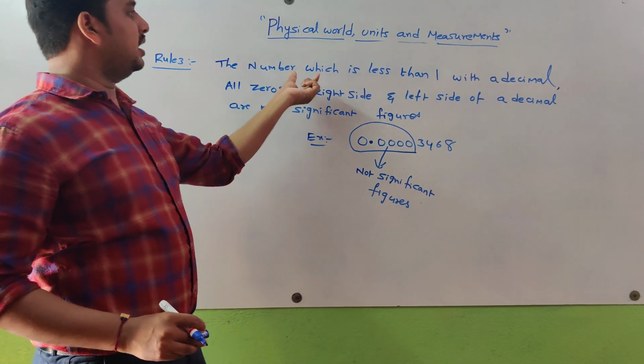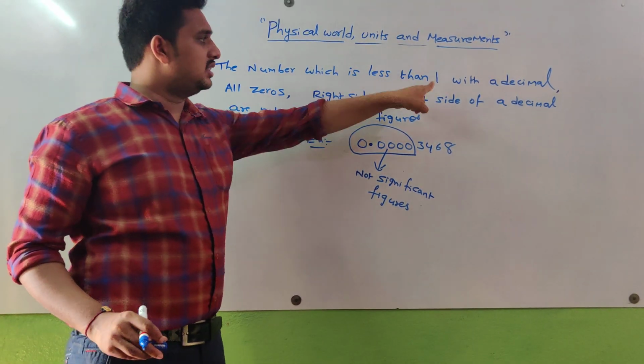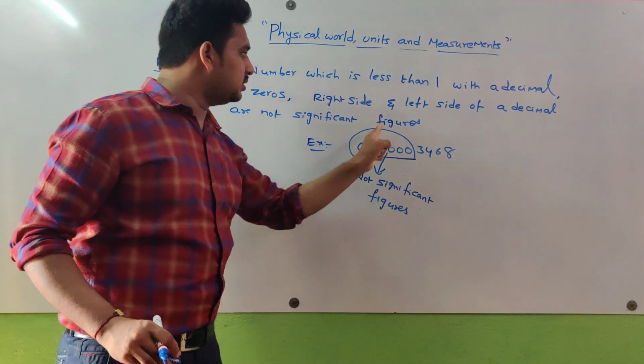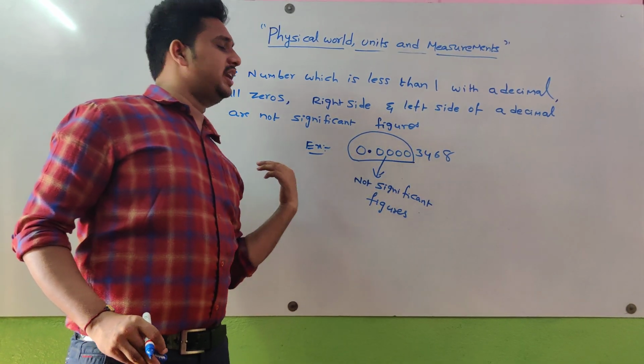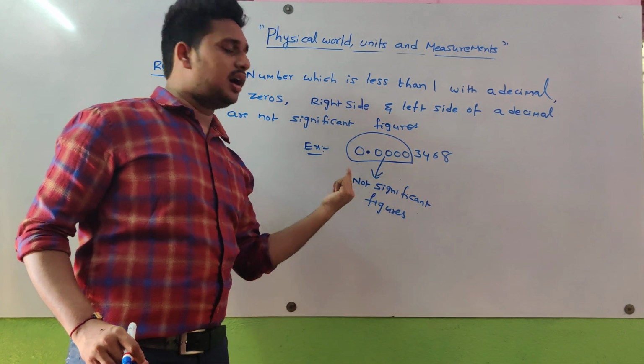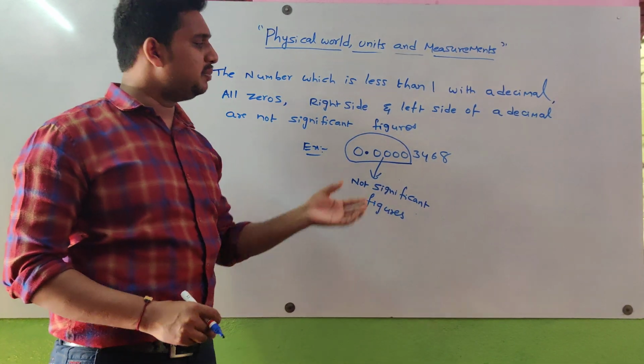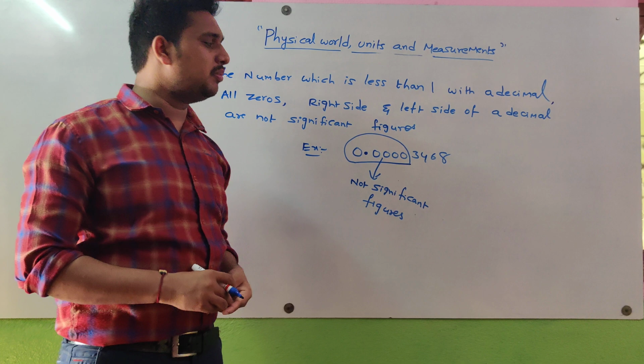So for a number which is less than 1 with a decimal, all zeros on the right side and left side of the decimal are not significant figures. That means how many significant figures are in this number?